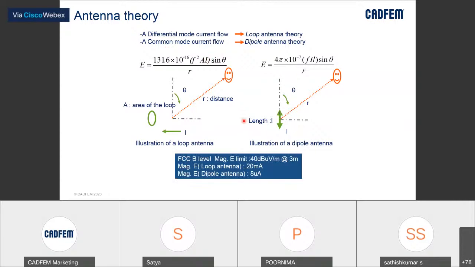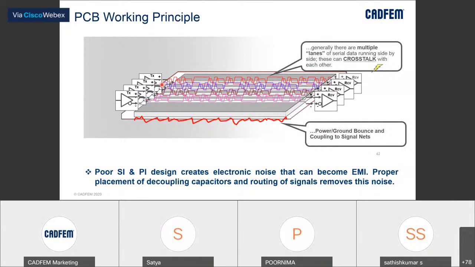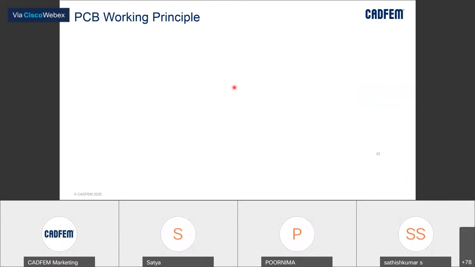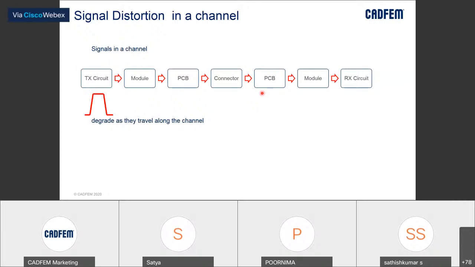This signal is not only transmitting from one side. If there are designs of multiple PCBs, this signal might be taking different orientations on the PCB, right? You can see over here, I'm going to go a little backwards to give a little bit of insight.